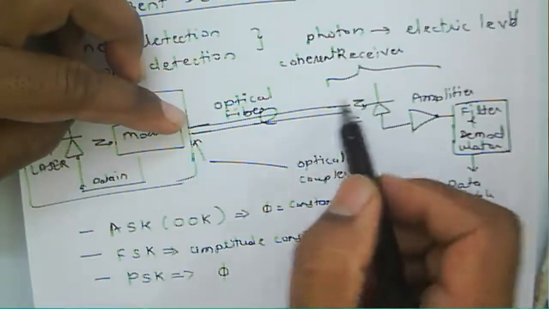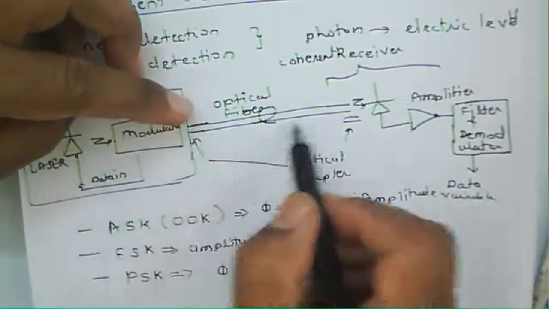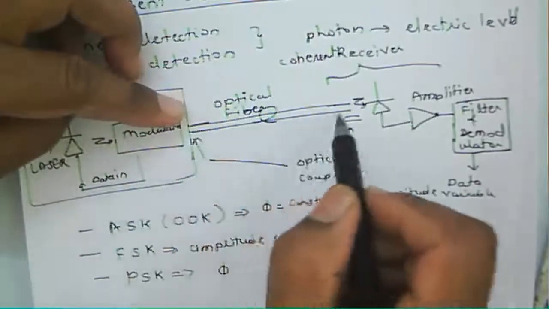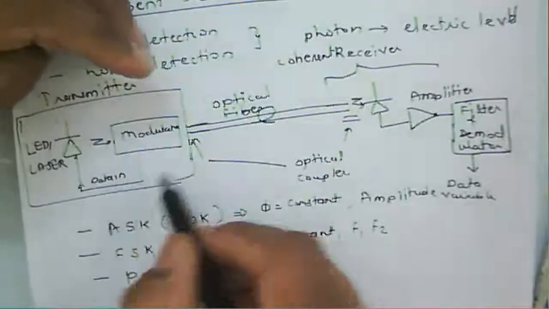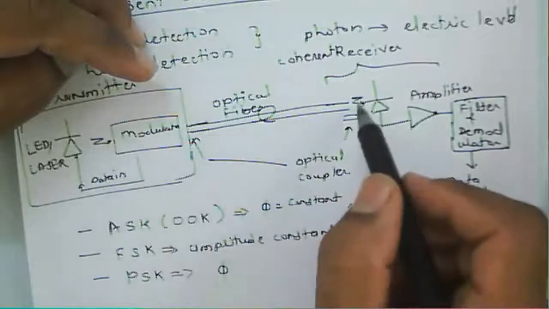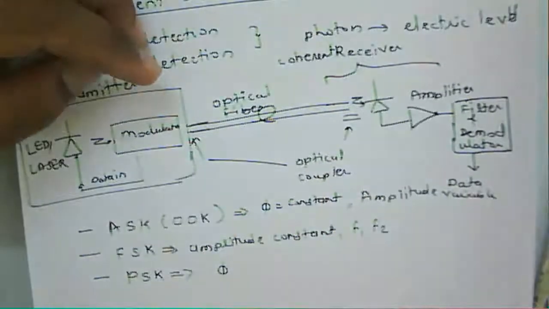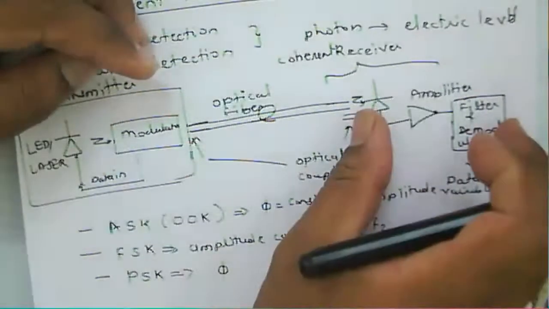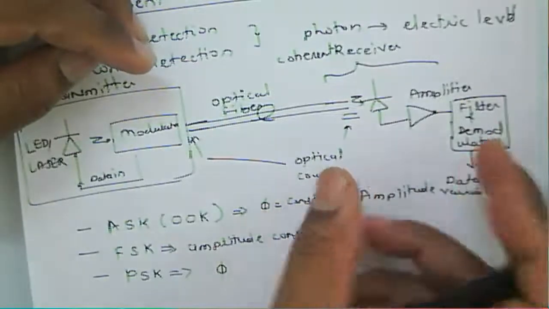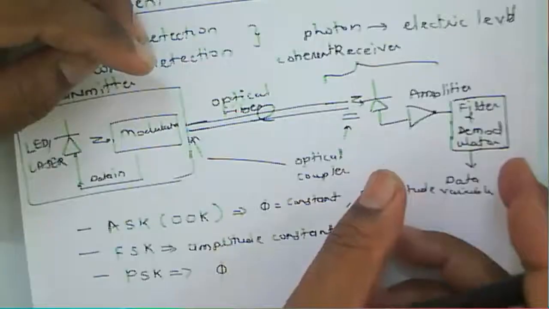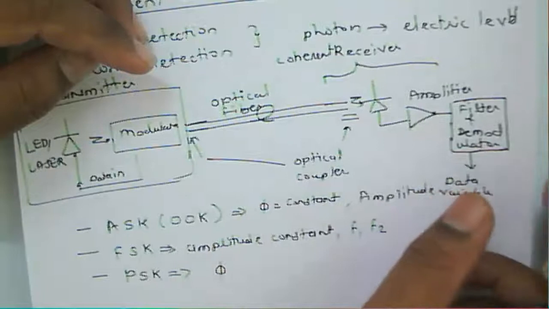Whatever optical signal comes through this fiber from the transmitter will be detected at the receiver. And then here a demodulation takes place, and then we'll get the data.